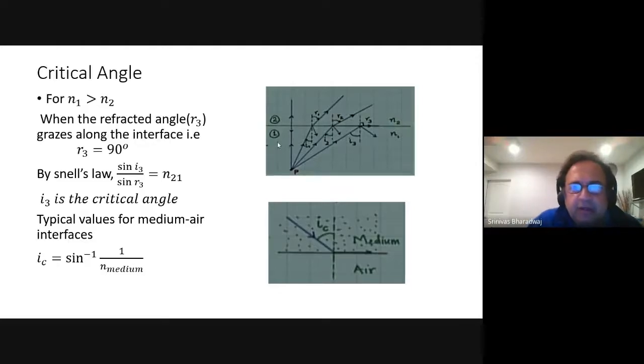See, N21 in this case is N2 by N1, right? N2 is rarer. So N2 by N1 is less than 1, right? So N1 is what? N1 is glass, right? Its refractive index is about 1.5. N2 is air.